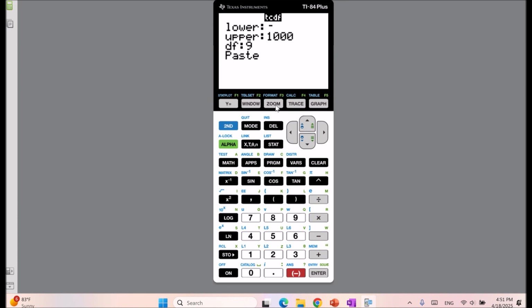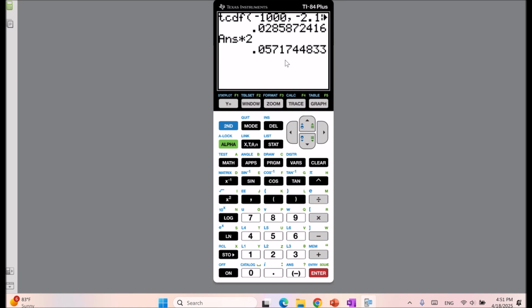I'm going to do the left tail. So I'm going to do negative infinity, and then the negative 2.18 that we had. Remember earlier on the graph I made negative 2.18 and positive 2.18. And then I got 9 degrees of freedom, and then I'm going to double that, and that gives us 0.057, and recall that we had 0.0568. So it's pretty similar.